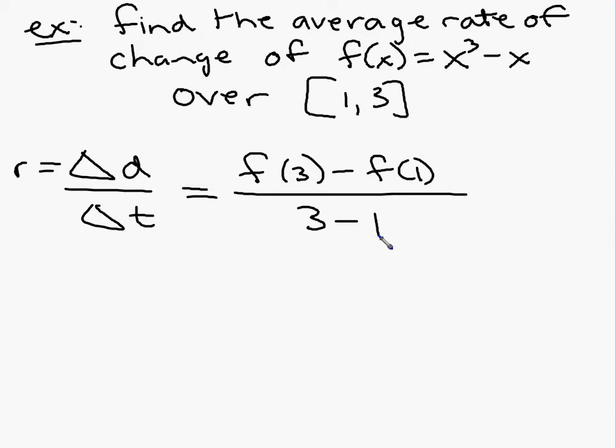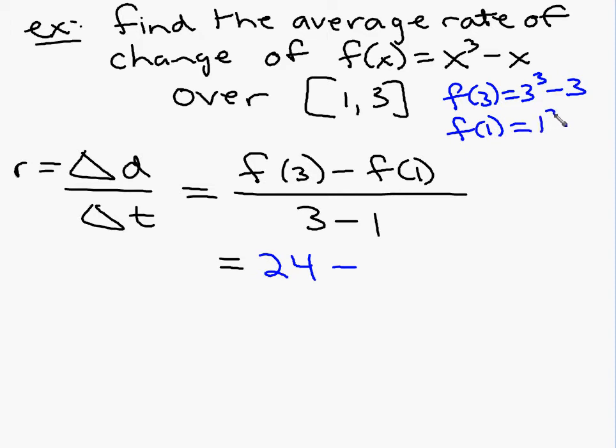Now I can evaluate those function values. f of 3 would be 3 cubed minus 3, so that's going to be 24, minus f of 1, which would be 1 cubed minus 1, which is just going to be 0, all over 2.